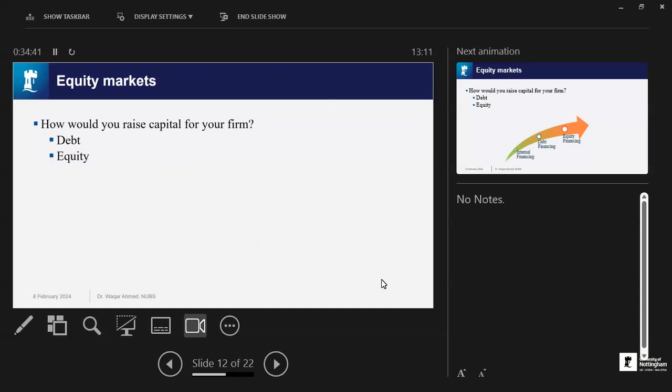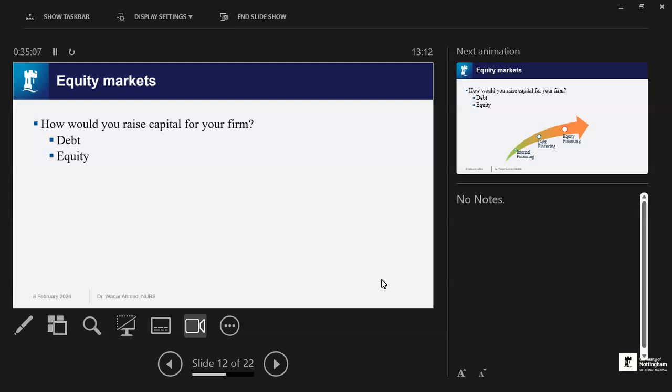If you are the CFO or finance manager of a firm, how would you raise capital for your firm? Would you prefer debt or equity? You have to give the answer from the perspective of being the manager of a firm.